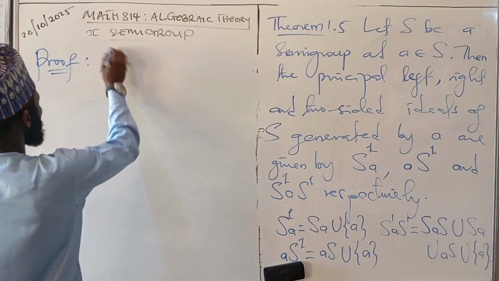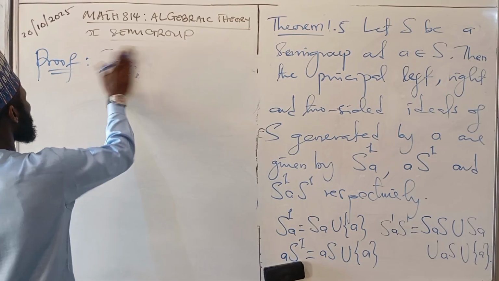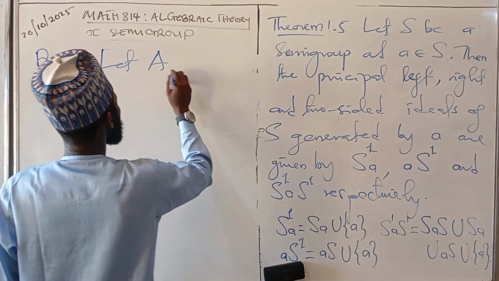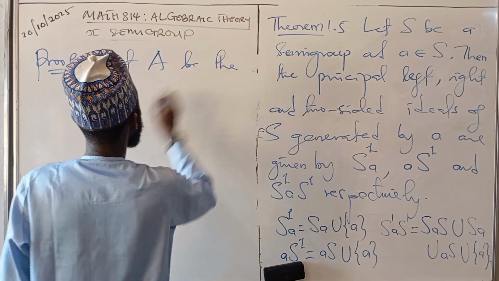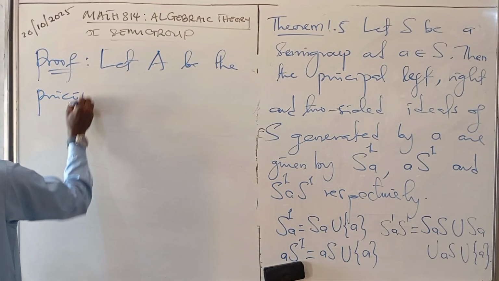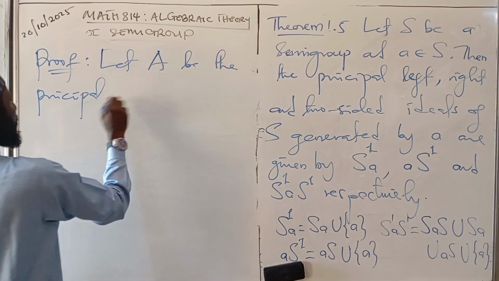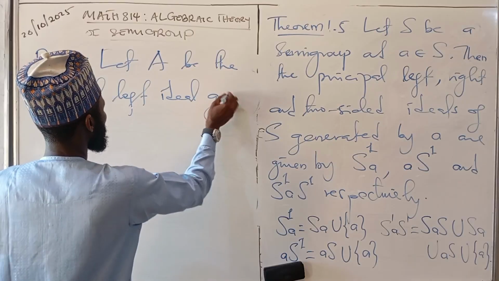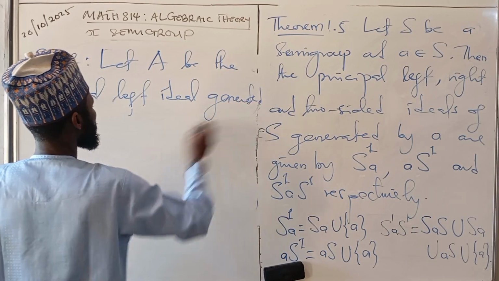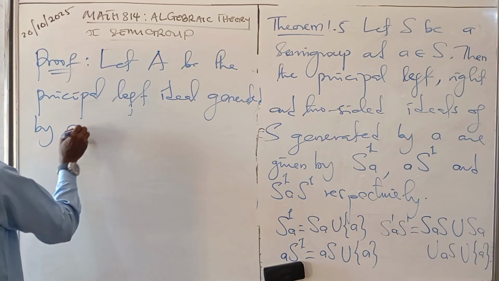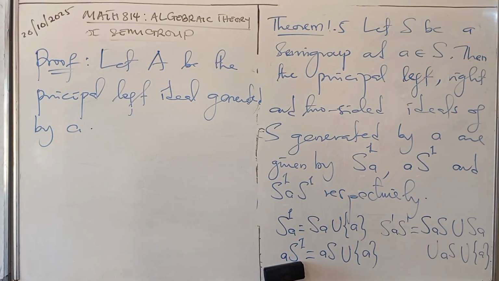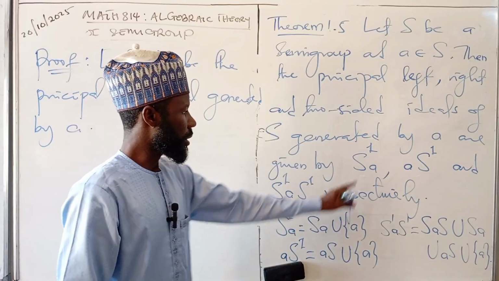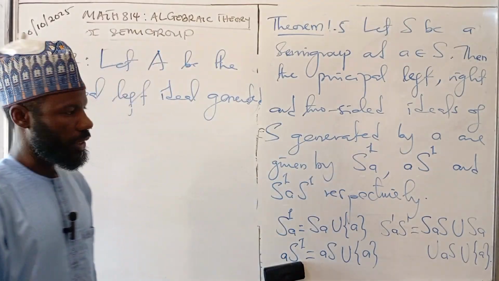So the first one: let A be the principal left ideal generated by the element A. Then I want to show that this A is equal to S^1 A.